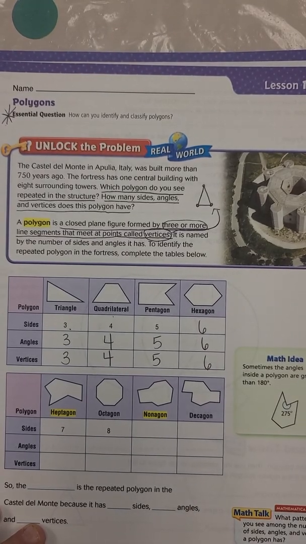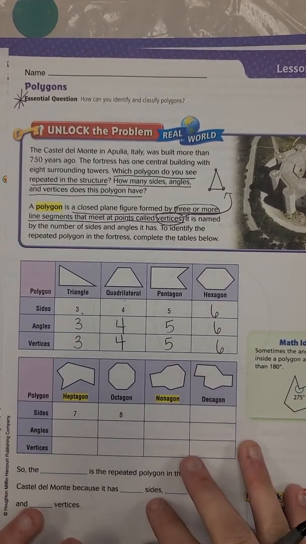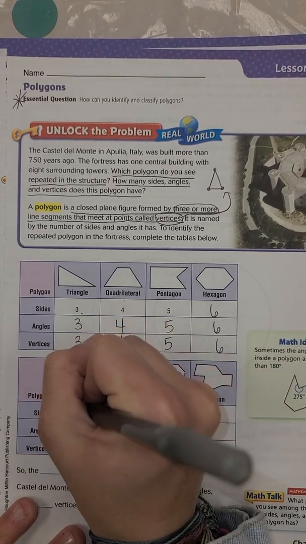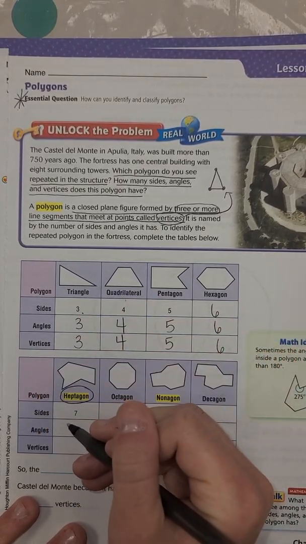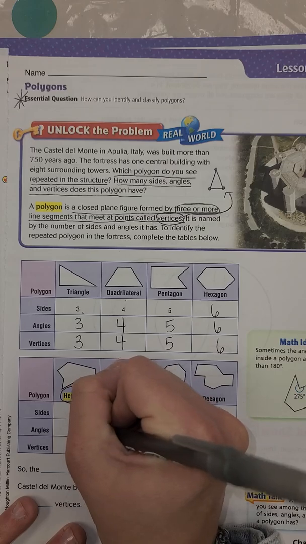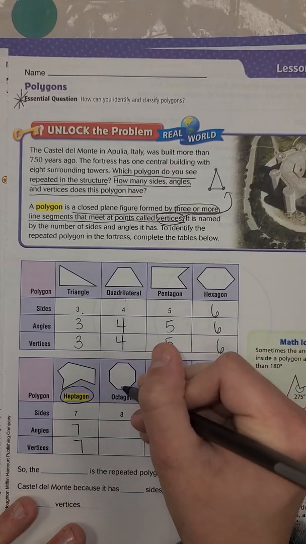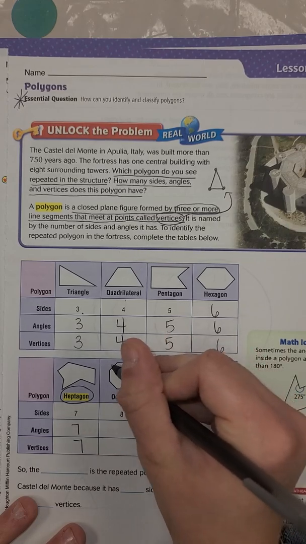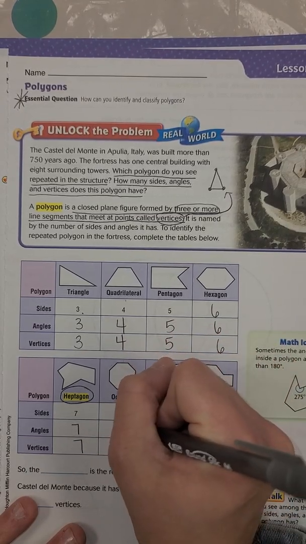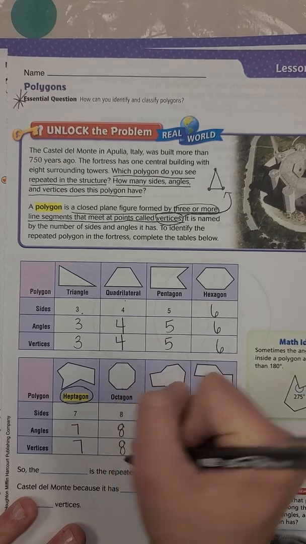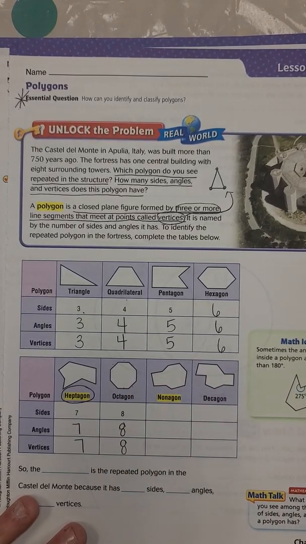All right, we're going to continue that when we look at a heptagon. This one's probably new to you, which is a 7-sided figure. It's going to have 7 angles and 7 vertices. An octagon has 1, 2, 3, 4, 5, 6, 7, 8 sides, 8 angles, and 8 vertices. Hopefully you're seeing this pattern.